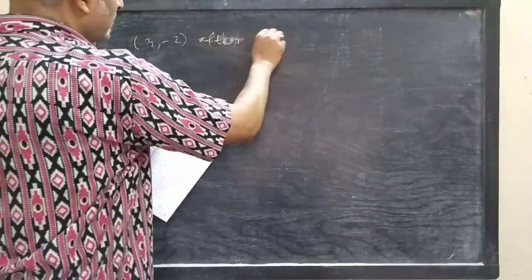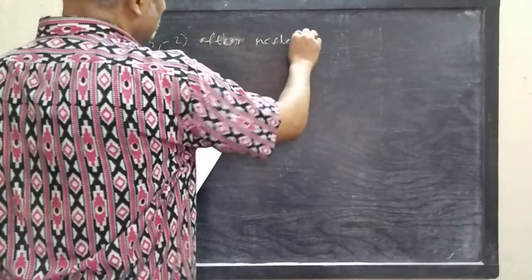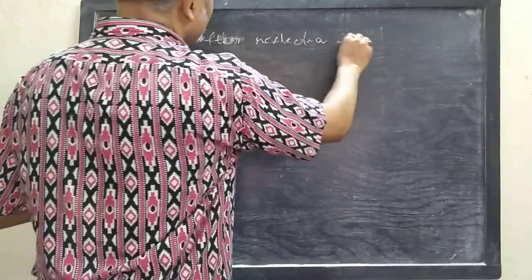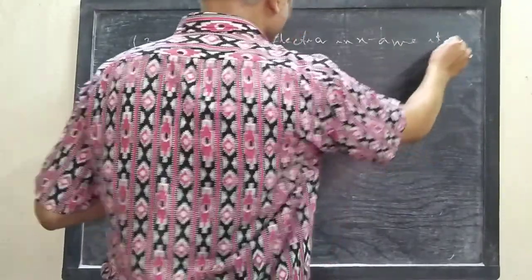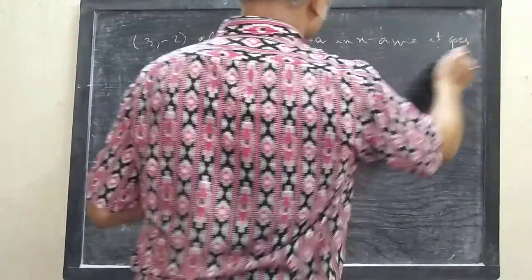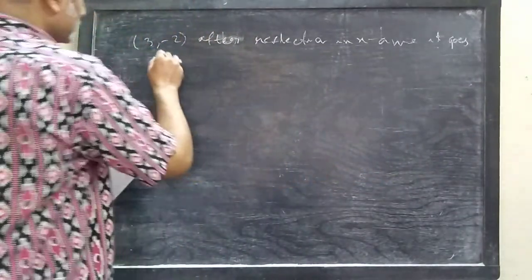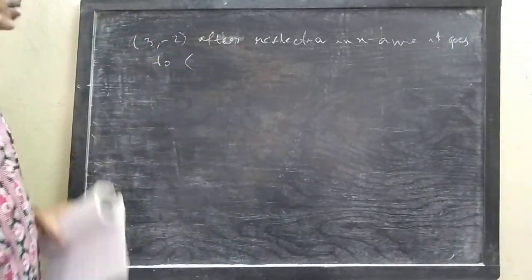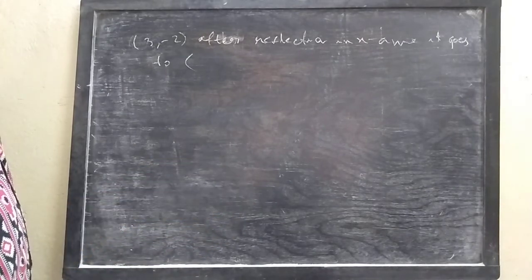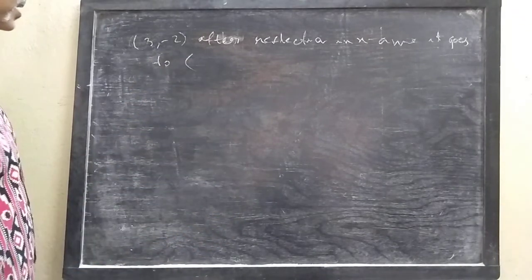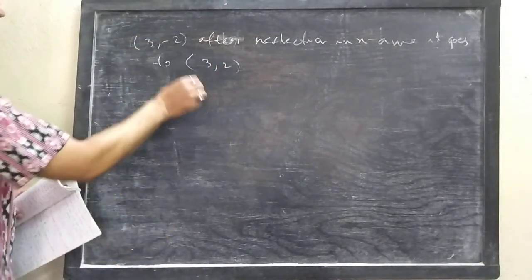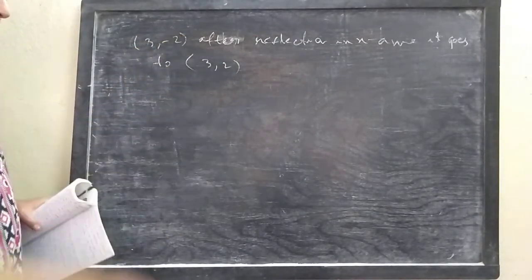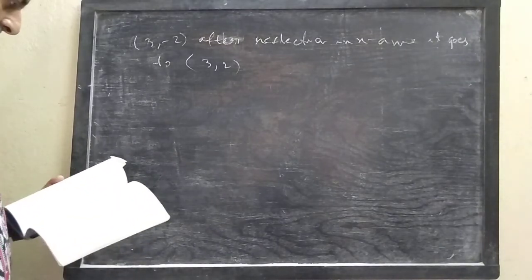After reflection in the x-axis, it goes to what point? When reflected in the x-axis, the ordinate is changed. Abscissa remains fixed, so it goes to (3, 2). 3 remains unchanged, the ordinate changes its sign, so it goes to (3, 2).